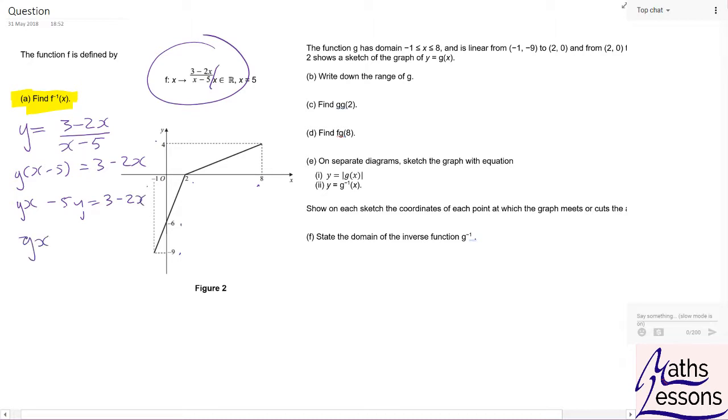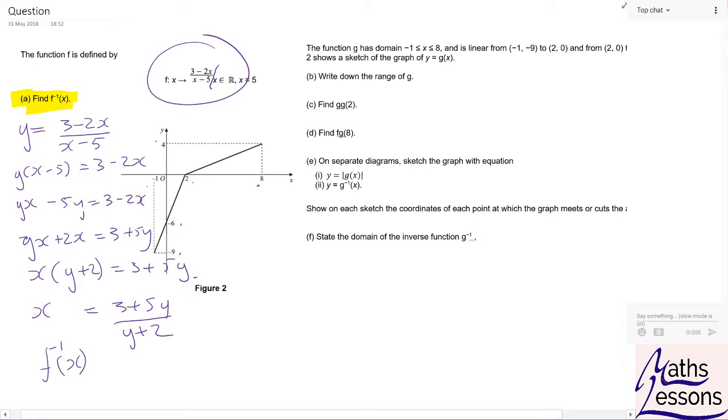So that's going to be yx plus 2x equals 3 plus 5y. Factorise, get x on its own, so x(y plus 2) equals 3 plus 5y. So therefore x will equal (3 plus 5y) over (y plus 2). Remember to write the function out properly. The inverse function of x will therefore be (3 plus 5x) over (x plus 2).